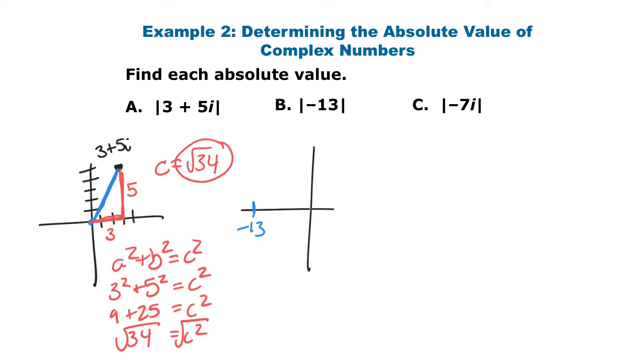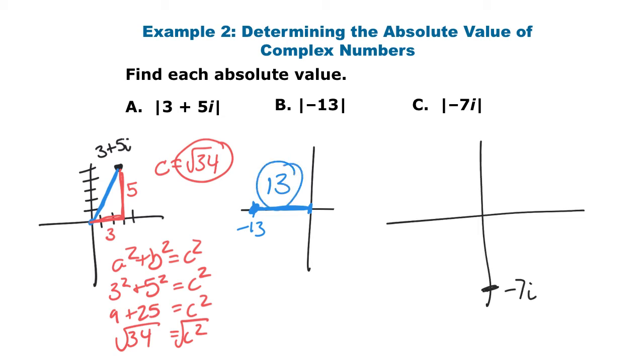In b, there's only a real part to this number. And so if I plot negative 13, it's going to be right there. Well, the distance from the origin to negative 13 is just 13. I don't really need to do any Pythagorean theorem there. Similarly with c, there is only an imaginary part, and so that number would be right there at negative 7i.